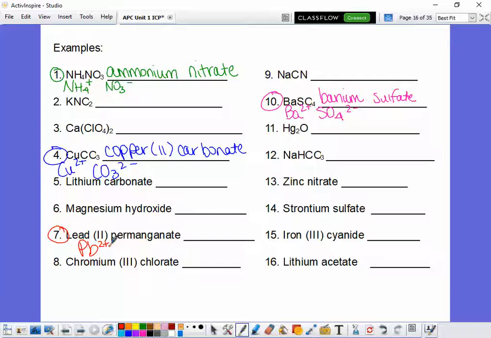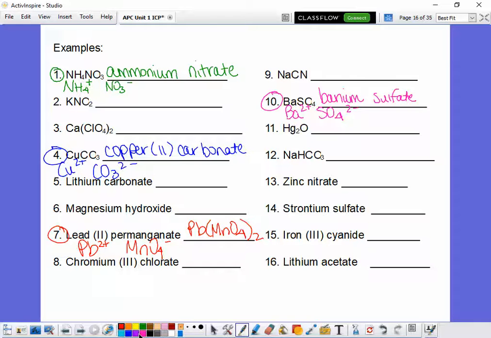And what is the formula for permanganate? MnO4. It's just minus. MnO4 minus. So when you crisscross down, what do we need to do around MnO4? Parentheses. So you get Pb(MnO4)2.